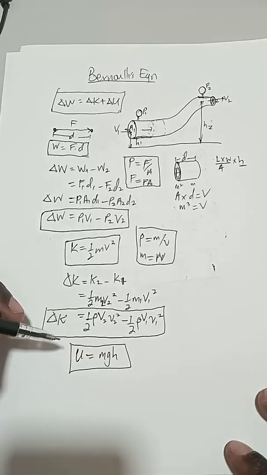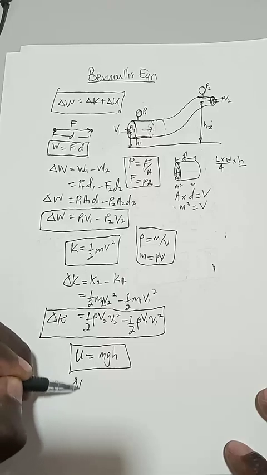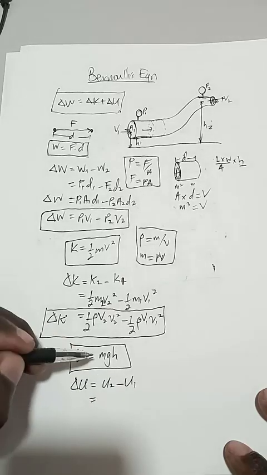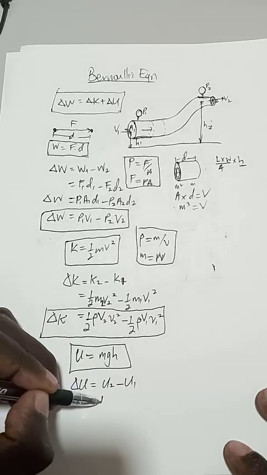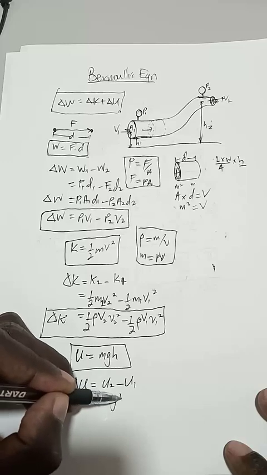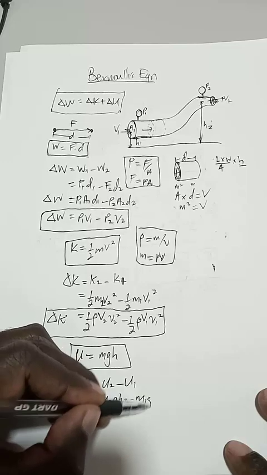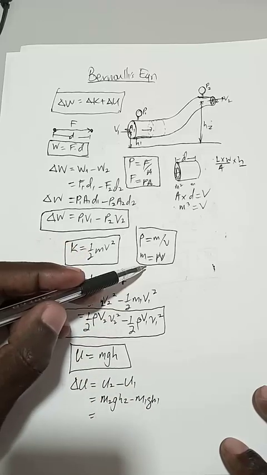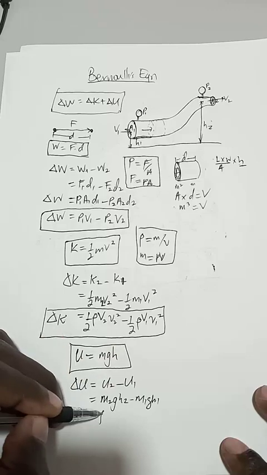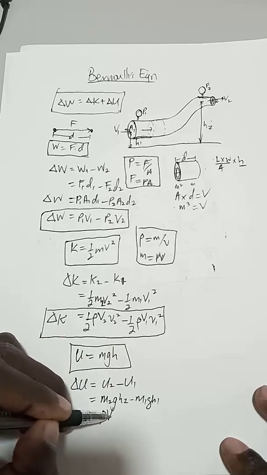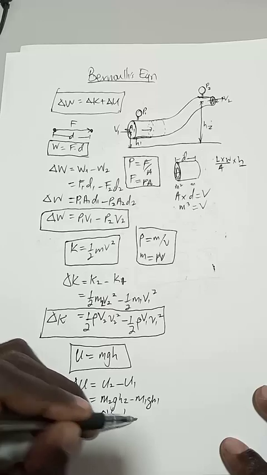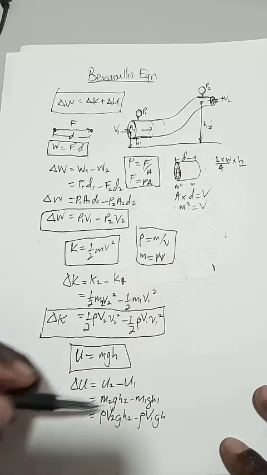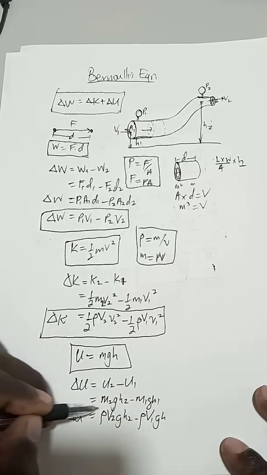So delta U is U2, the final, minus U1, the initial, which is m2 g h2 minus m1 g h1. Now if we replace m with density times volume, we get rho volume 2 g h2 minus rho volume 1 g h1. That's delta U.